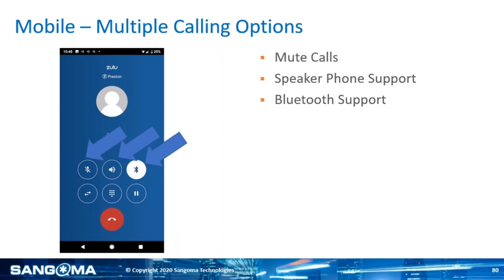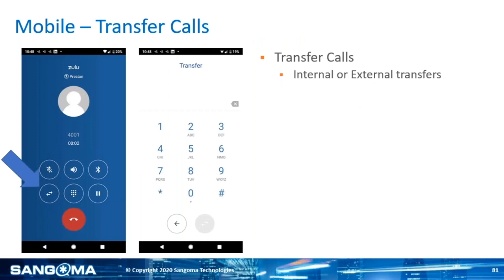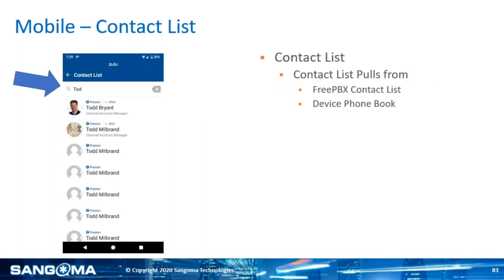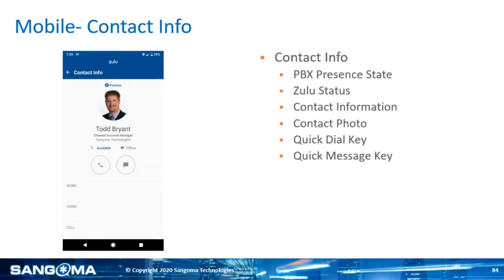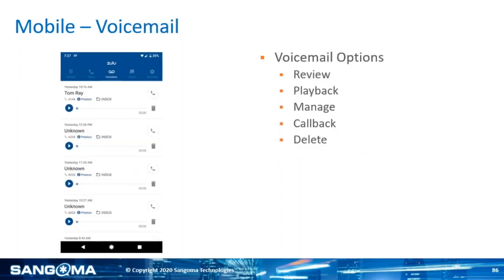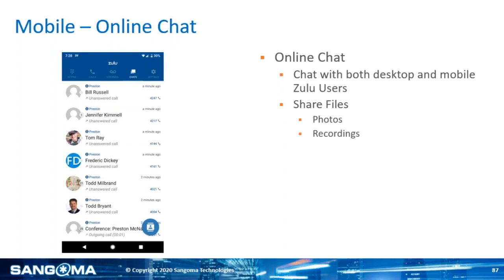You can put it on Bluetooth if needed. You can transfer those calls. You can make calls outside of your organization, so not just those within. You can see, like I was able to see whether or not Leo was on a phone call. You can see that from the mobile phone, get additional contact info, see your call history, voicemail, just like we were talking about, and my favorite, online chat.